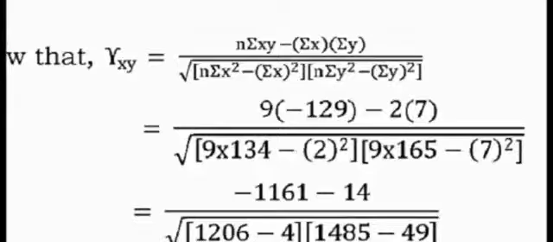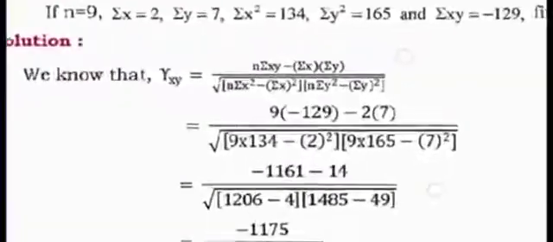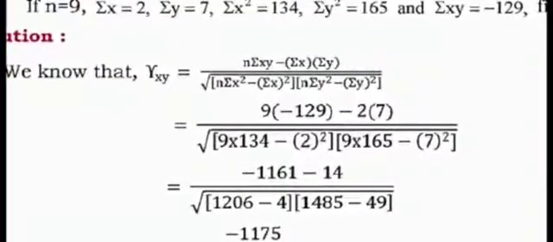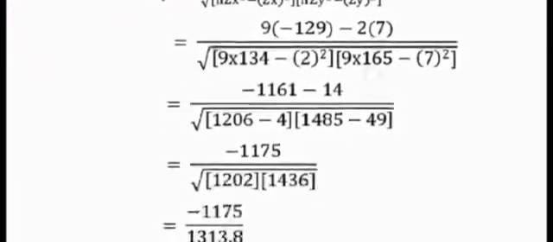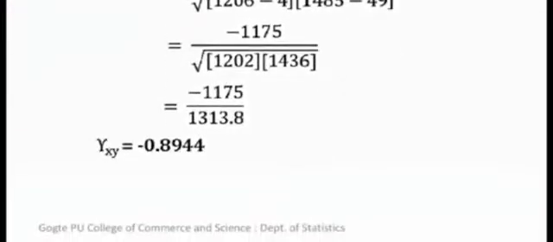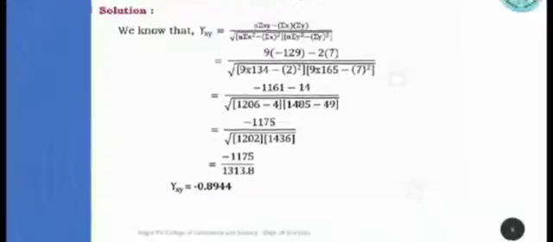You have to know the formula, and once you know it, you substitute all the values and calculate step by step. Here you get the answer r is equal to minus 0.8994, which is again a negative value, and we say that it's a negative correlation with a high negative degree.